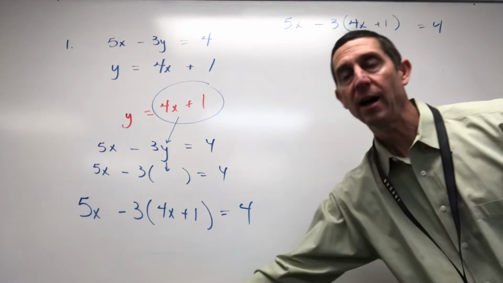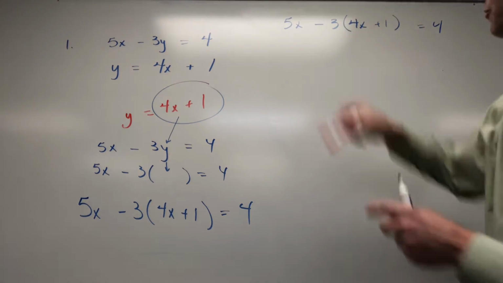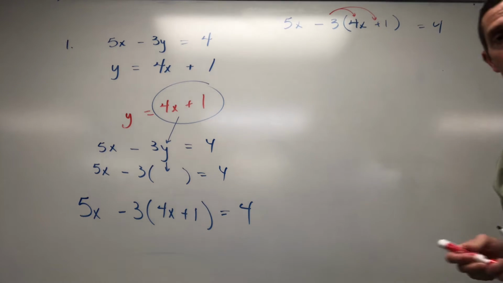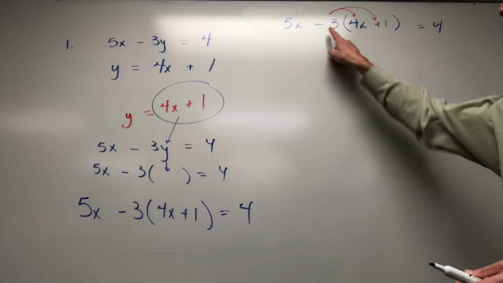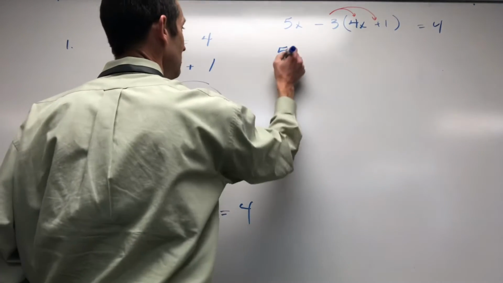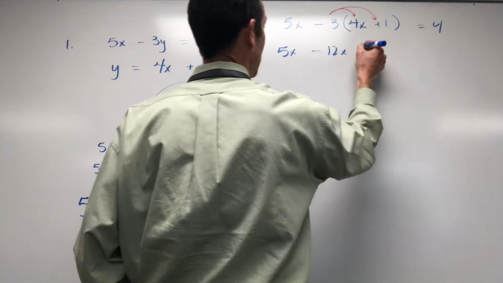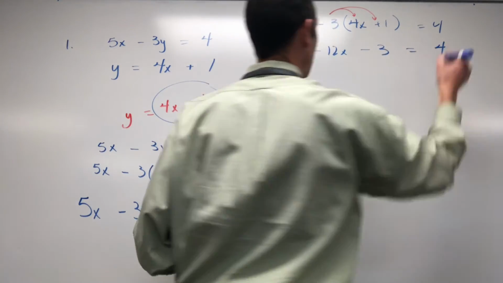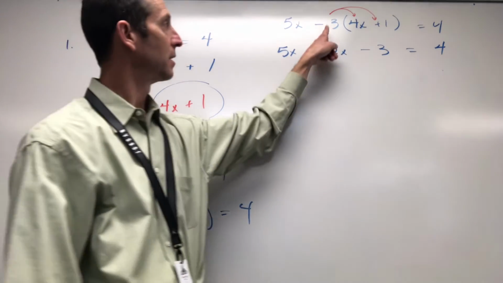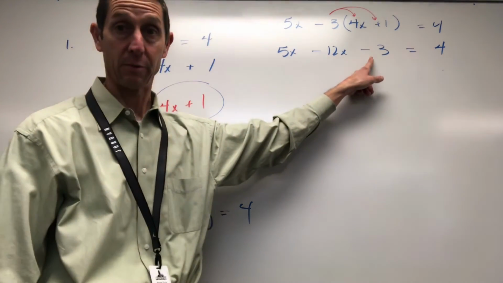Now, what you've got here is a -3 that's going to distribute through the parentheses. So watch out, -3 times 4, -3 times 1. Minus 12x minus 3. So the -3 hits the 4, -12x. -3 times 1, -3.